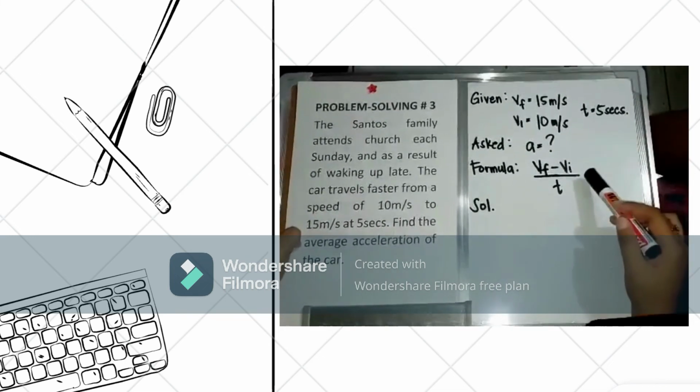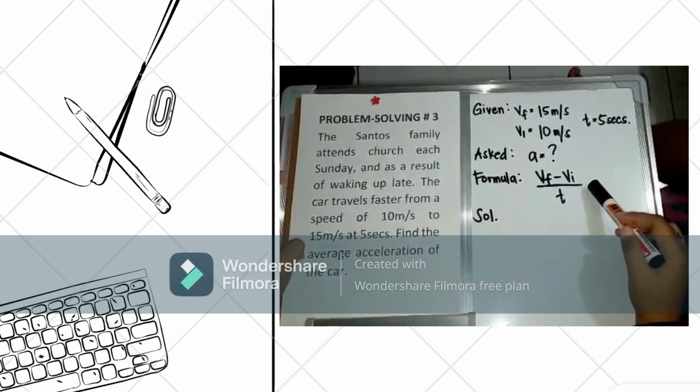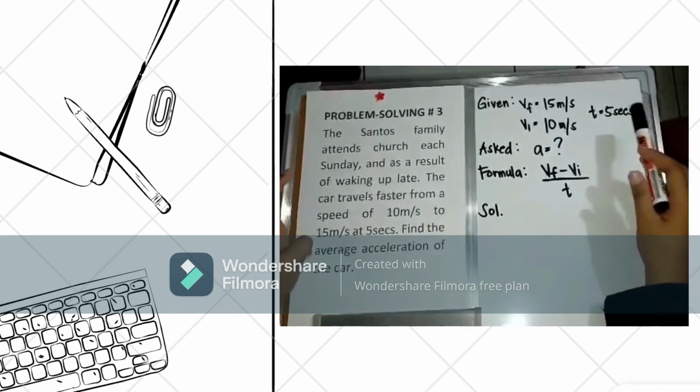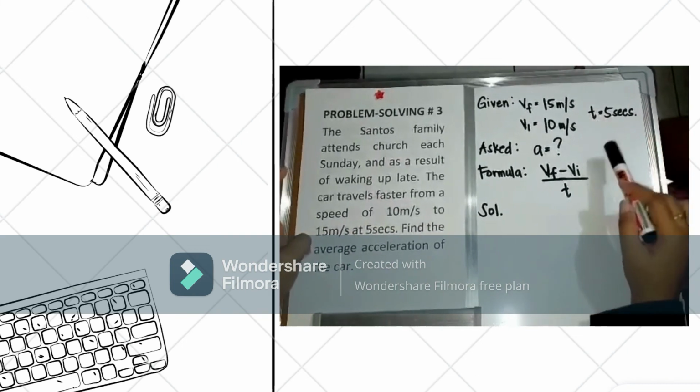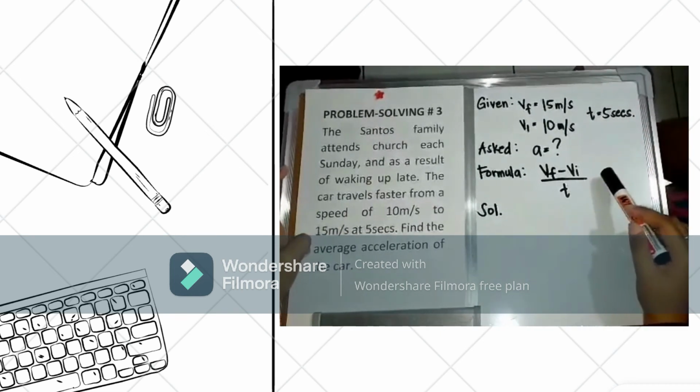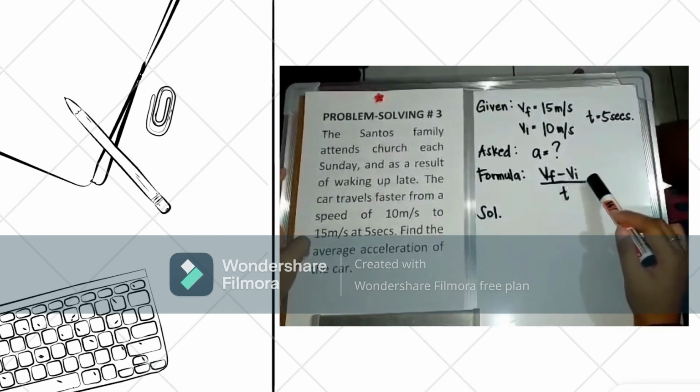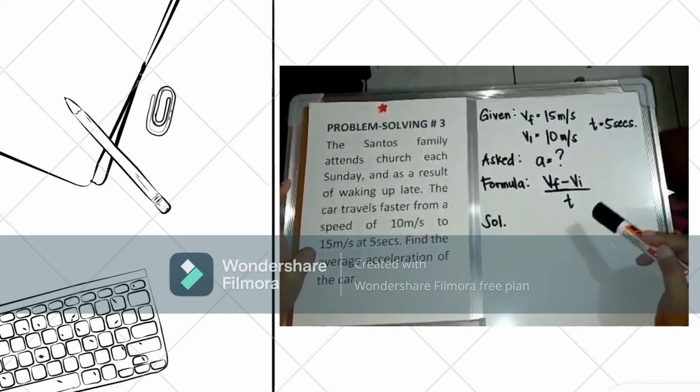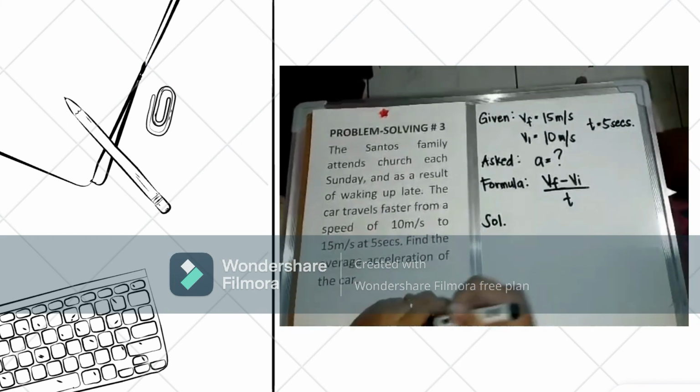The formula to be used for acceleration, given the velocities and time, is the change of velocity, or final velocity minus initial velocity, divided by time.